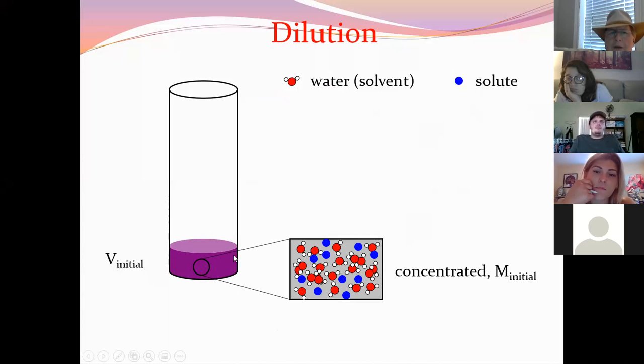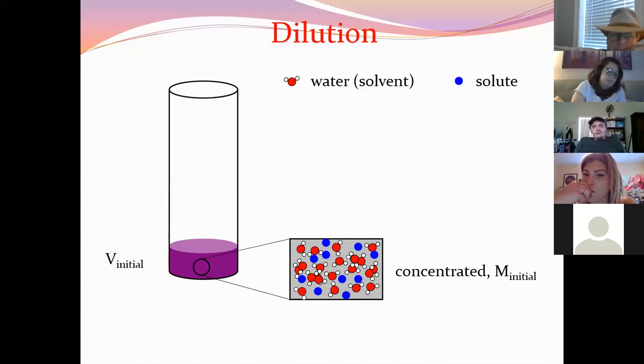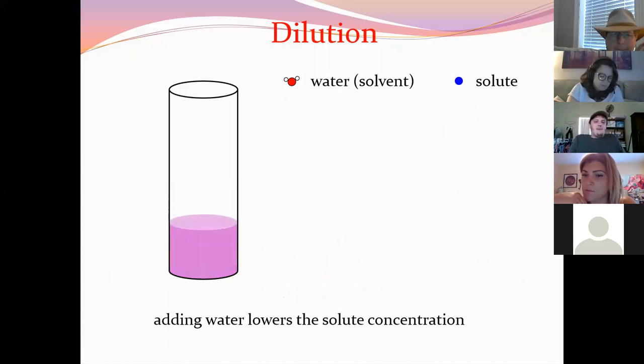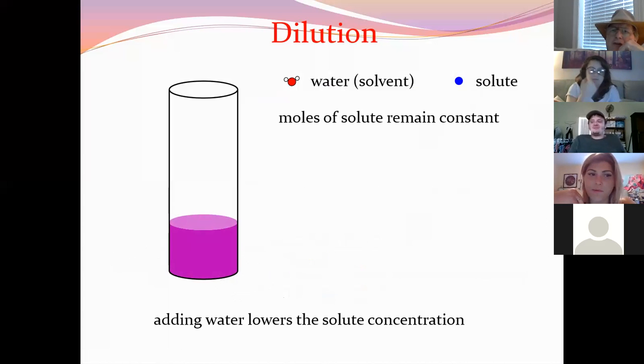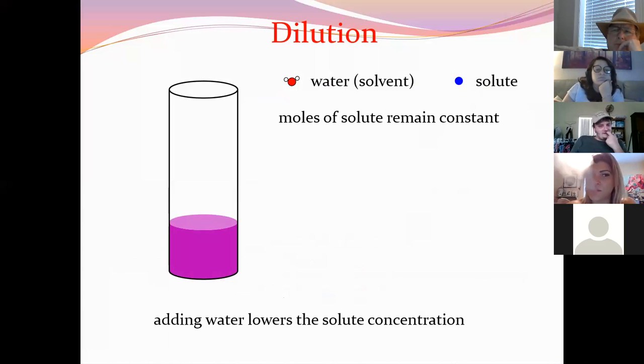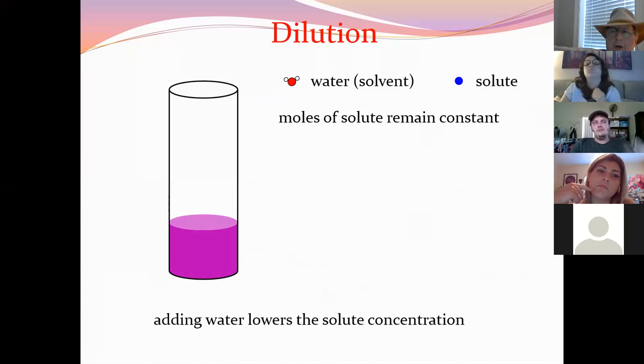Now, we have a certain amount of stuff dissolved in a certain volume, right? I add more water to this. Did I change how much of the solute I had in there? No. I've still got the same number of moles in there that I did before. I just changed the volume.